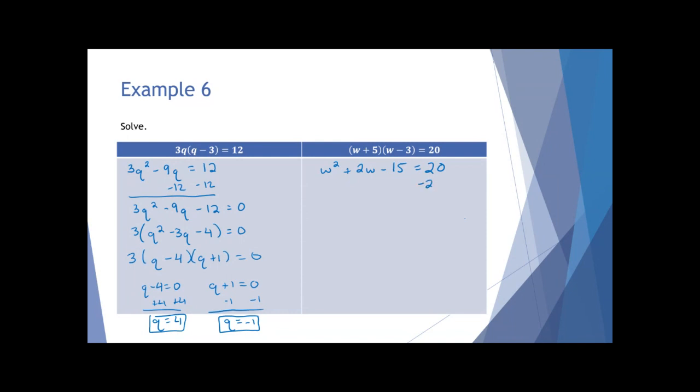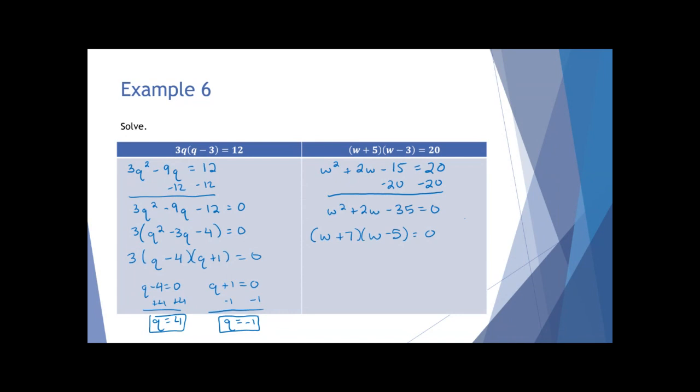Now I'm going to subtract 20 from both sides, and this gives me w squared plus 2w minus 35 equals 0. Now I'm going to factor. This factors to, let's see, w plus 7 times w minus 5 equals 0.